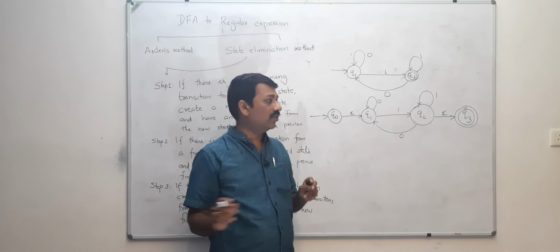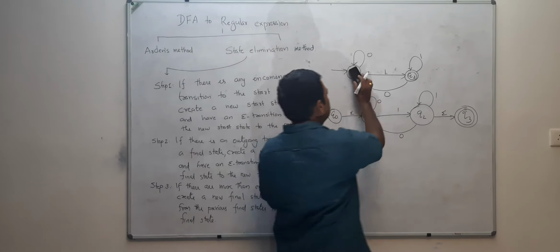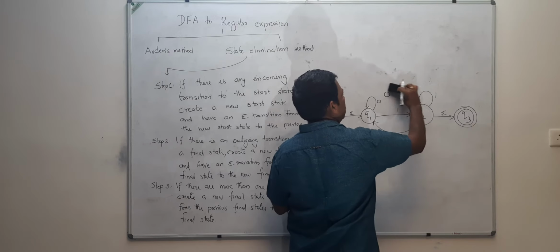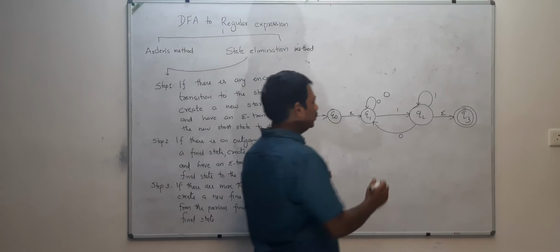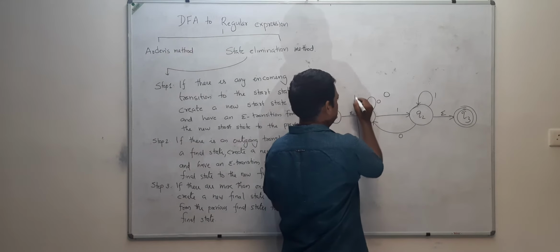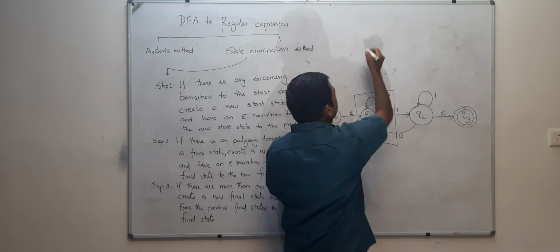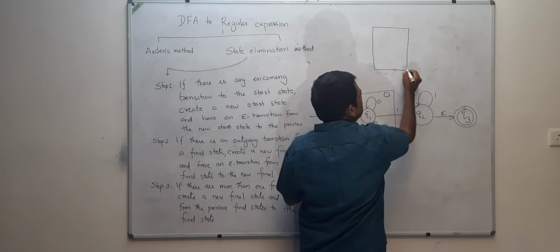All the intermediate states we are going to eliminate, and I will show you how this can be done. For example, suppose that I am going to eliminate this Q1, and pictorially Q1 is represented by this.